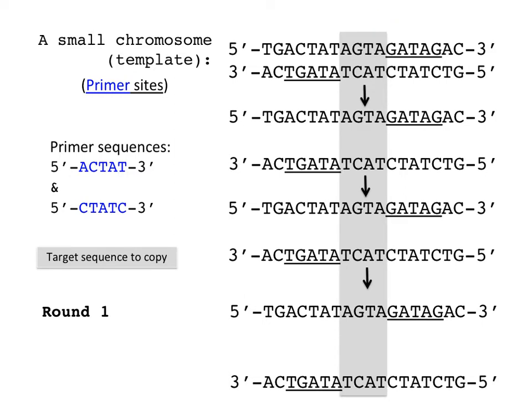I haven't told you what the reason is yet. But I want to make lots and lots of copies of that part of this chromosome. That's what PCR does, it makes lots of copies. So we define the region that we're copying by where we design these primers, the underlined sequences.